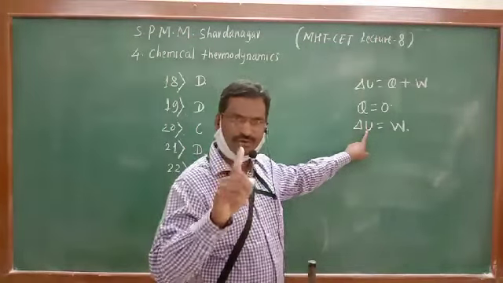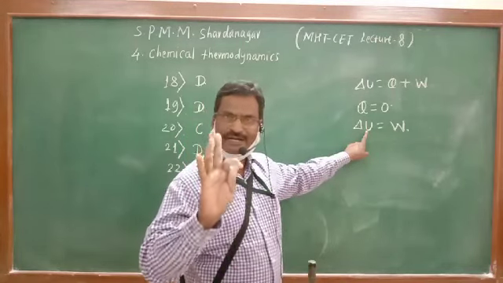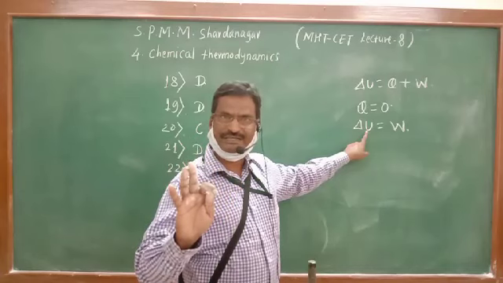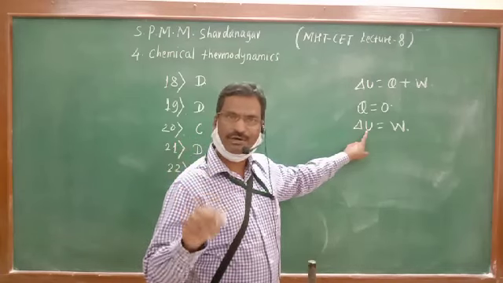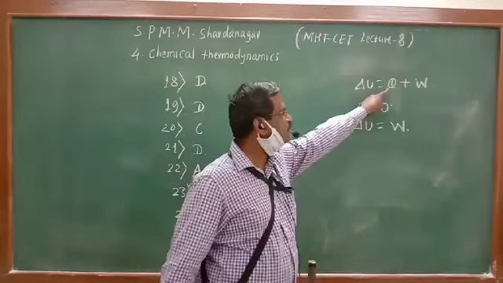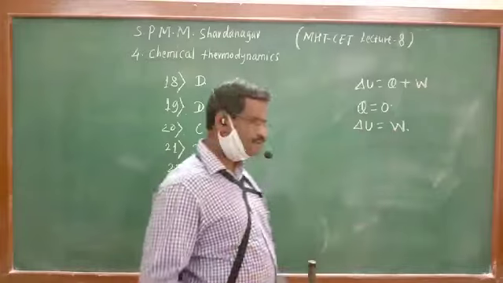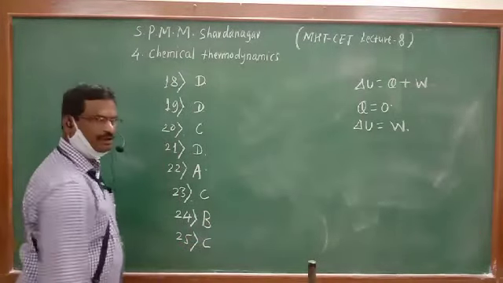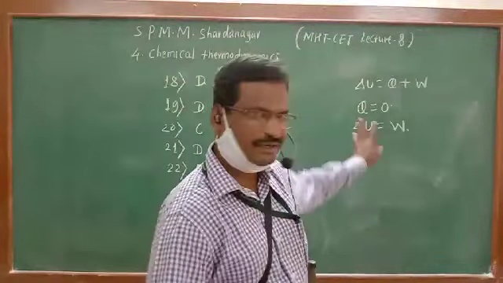Because for an isothermal process delta U is 0. For an adiabatic process Q is 0. Isobaric process delta P is 0. Isochoric process delta V is 0. Here they have given the adiabatic process, so Q is equal to 0 and delta U is equal to W. Option C is correct.